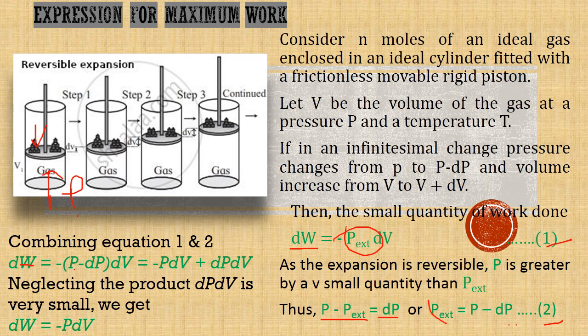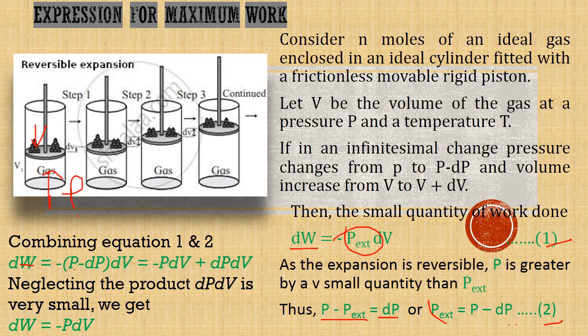P means your driving force, and this is your Pext. So if you decrease the mass, P is going to decrease. The expansion continues until the pressure of the gas falls to Pext. Beyond this, no further expansion occurs and the system attains mechanical equilibrium with its surroundings.